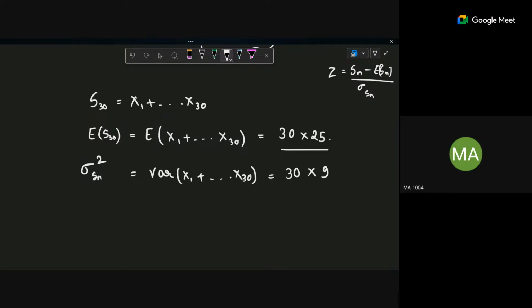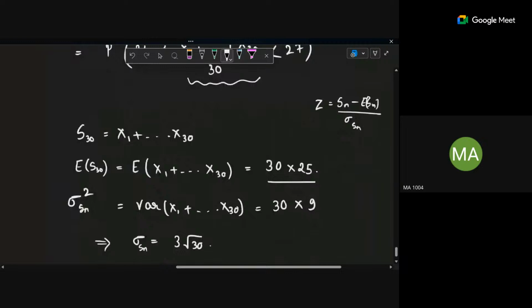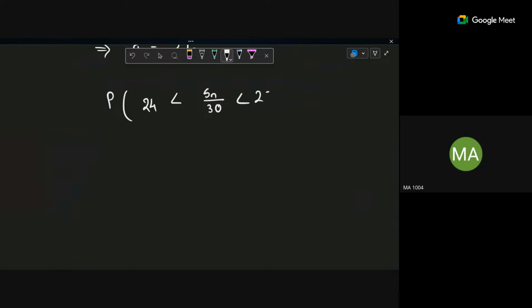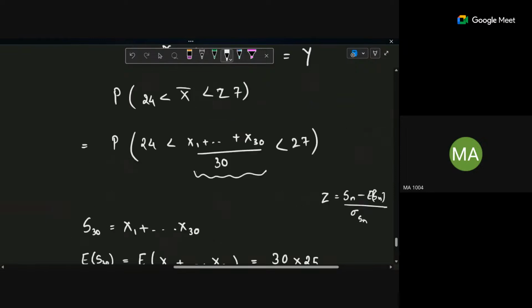Variance is 9, fine. So sigma will be square root of 30 into 9, that means 3 square root 30. If I say it as sigma Sn, then we want S30 minus 30 into 25, divided by 3 square root 30. So the probability that my x bar, that means Sn by 30, is lying between 24 to 27, right? That's what we are dealing with.